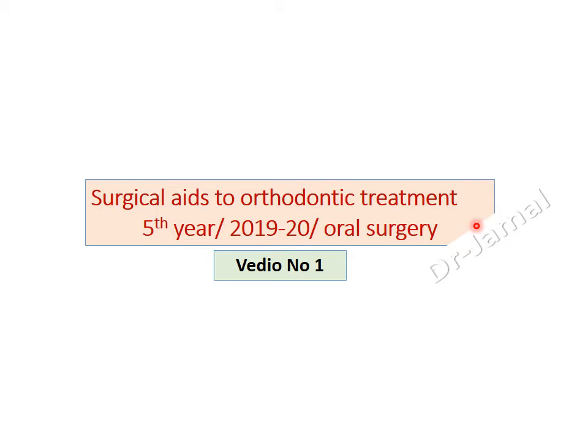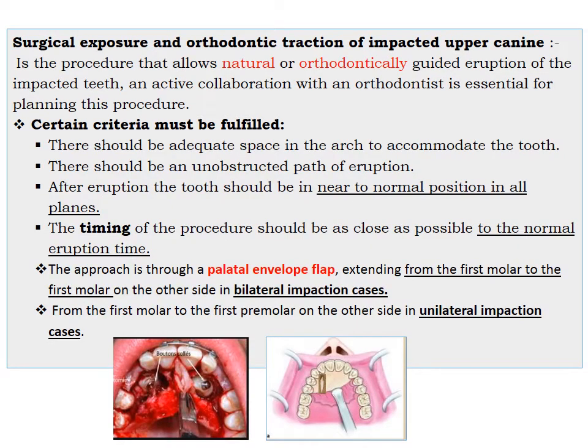This is a new subject for the fifth year level, and the title of this subject is the surgical aids to orthodontic treatments. This lecture is going to be presented around one of the commonly presented patients from our colleague, a specialist in orthodontics.